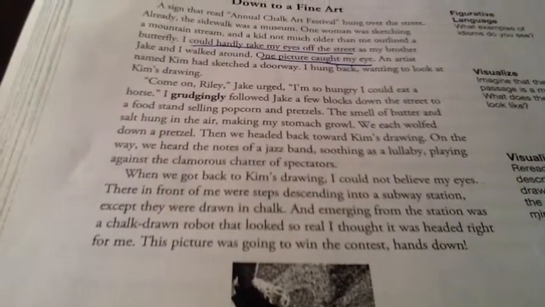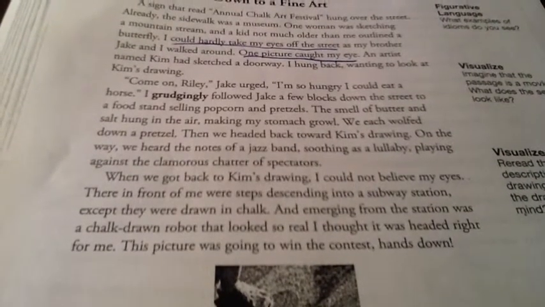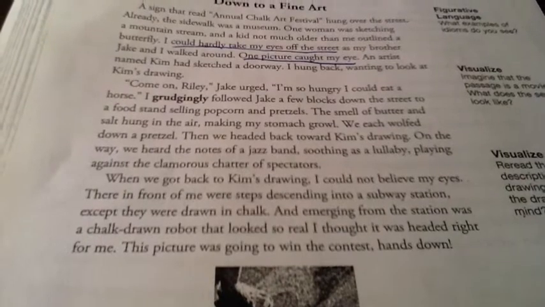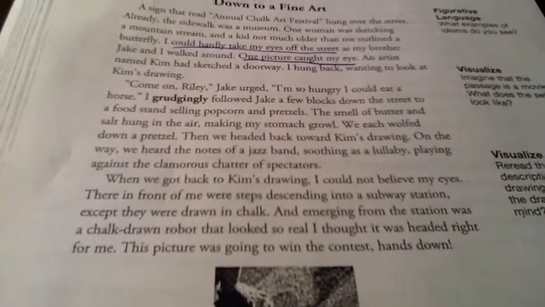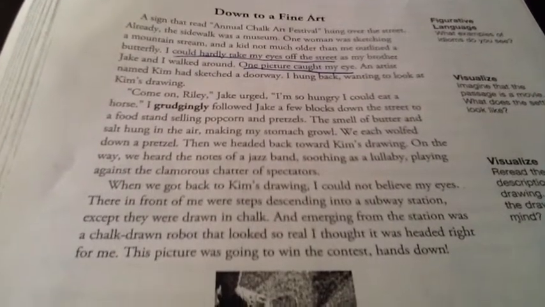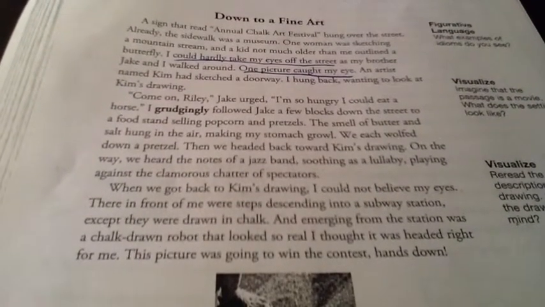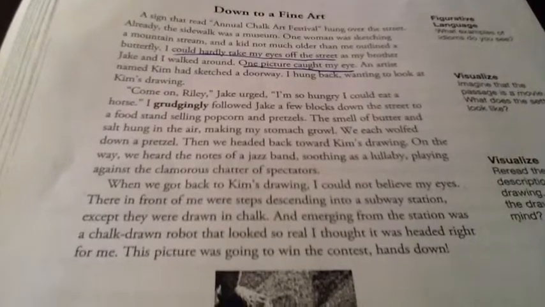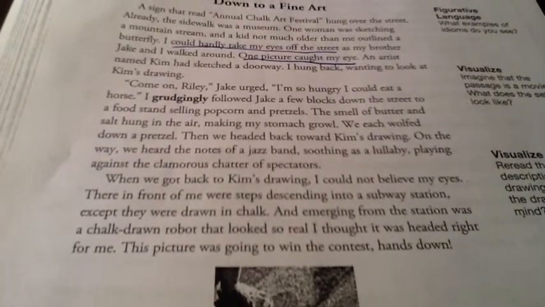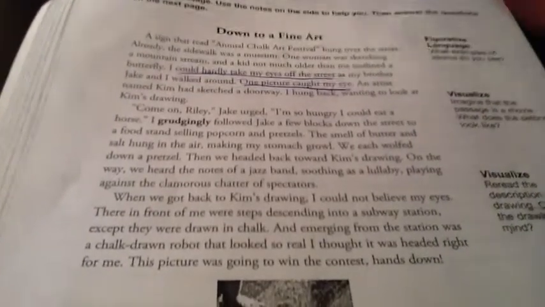When we got back to Kim's drawing, I could not believe my eyes. There in front of me were steps descending into a subway station, except they were drawn in chalk. And emerging from the station was a chalk-drawn robot that looked so real, I thought it was headed right toward me. This picture was going to win the contest, hands down. Boy, there's a lot of figurative language in here.